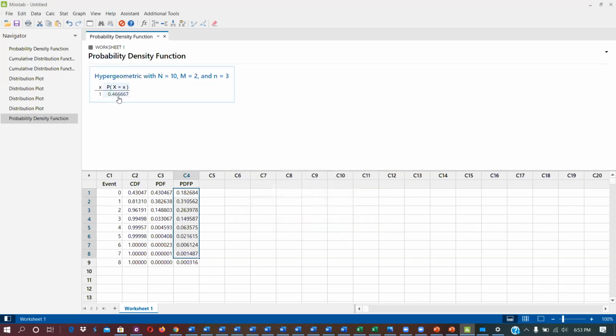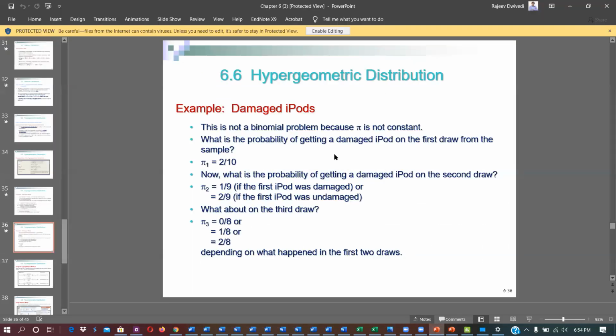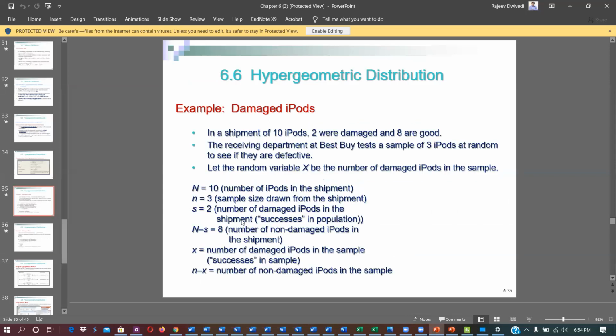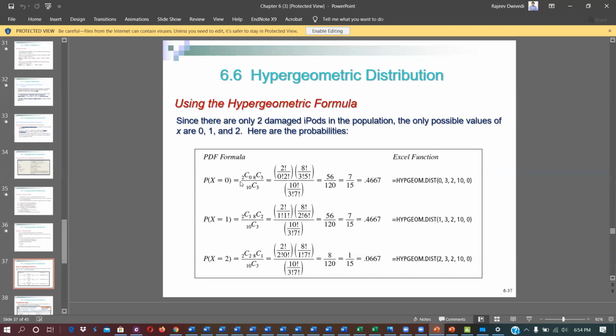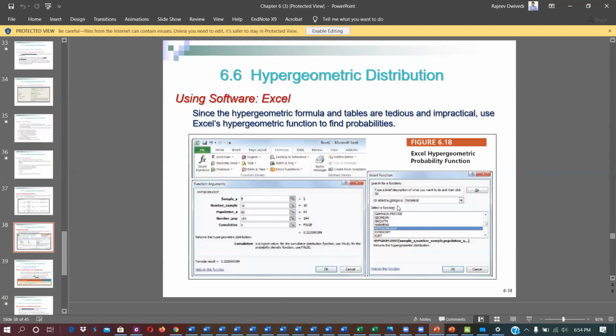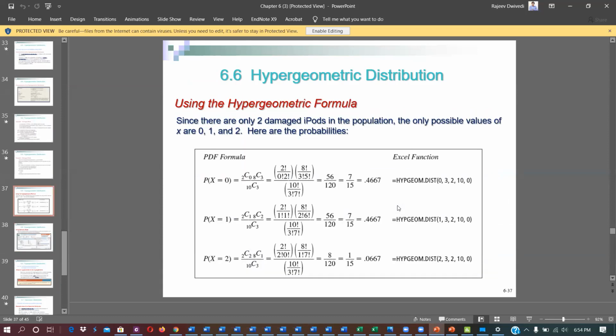The probability is 46%. So probability of 0 is 46%, probability of 1 is 46%, probability of 2 is 6.67%. So you can do this PDF 0, 1, 2. So this is hypergeometric distribution.